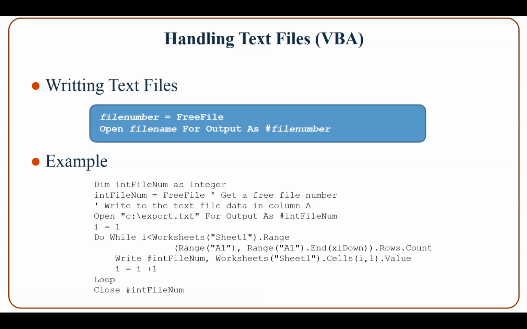You write the content of a cell in Worksheets(1). So cell 1 is written to the first line in the text file. Cell 2 is written to the second line, etc. And at the end, you need to close the file.